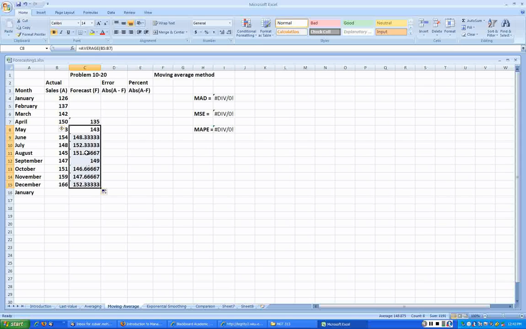Sometimes people do take a 2-period, 3-period or 4-period moving average. In that case, the earliest month that we can make a prediction would be May, if it is 4 periods. So what is the difference? If we do a 2-period or 3-period moving average, the lesser the number, our reaction to the environment or market is much quicker.